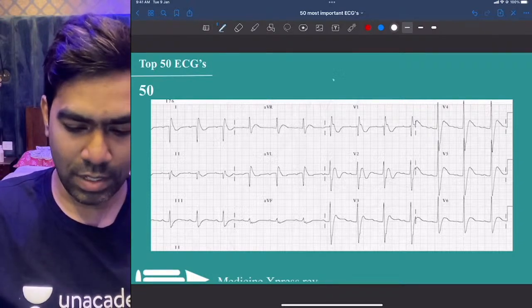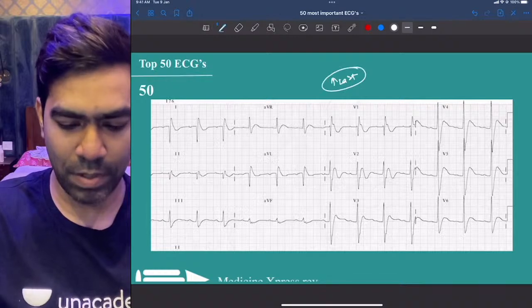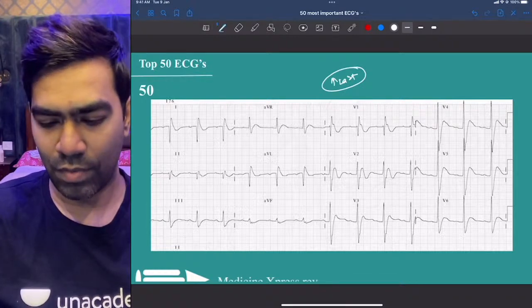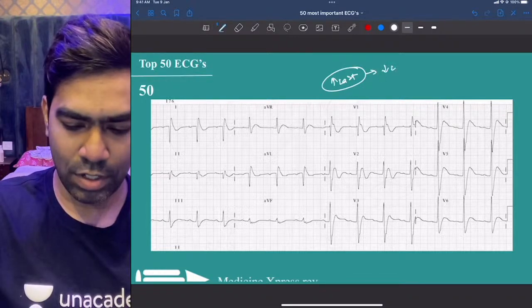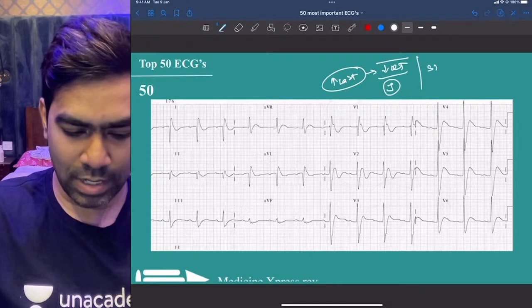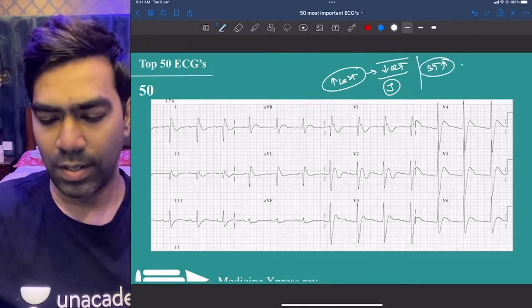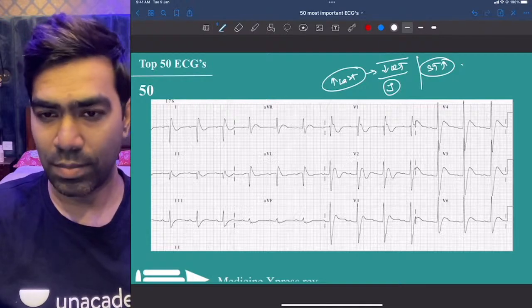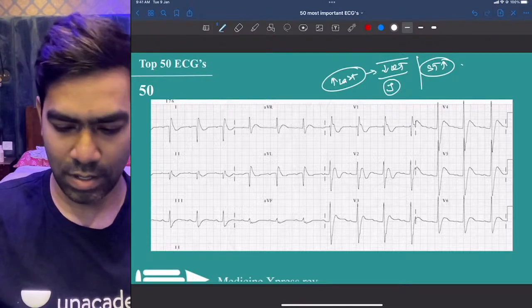So this is the next ECG. This patient has hypercalcemia. As I've told you, one of the characteristic features of hypercalcemia is a short QT interval, and you might see J waves and ST segment elevation as well, and sometimes some T wave changes. A lot of things you can see in hypercalcemia.